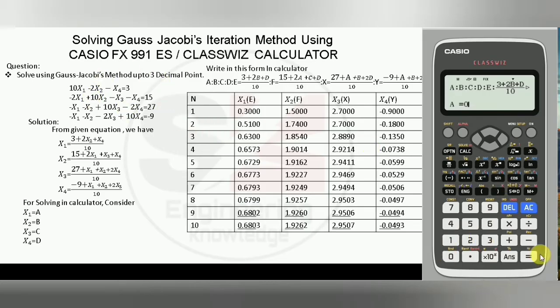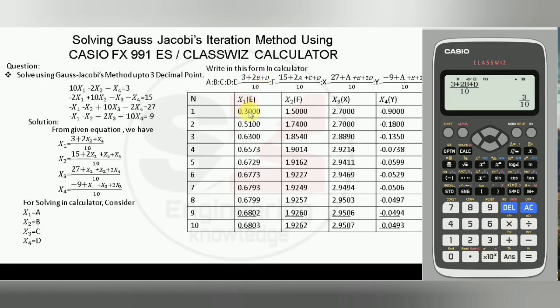So just press 0 for A, B, C, D. Then after this, it will show the values for A, B, C, D, E. Then it will show the value for this expression.